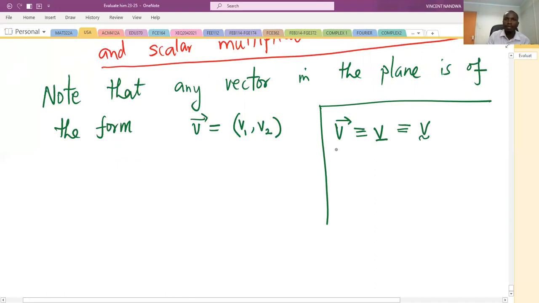So all these will be the notations for vectors. And then when you write V1, V2, these are elements of the vector V.